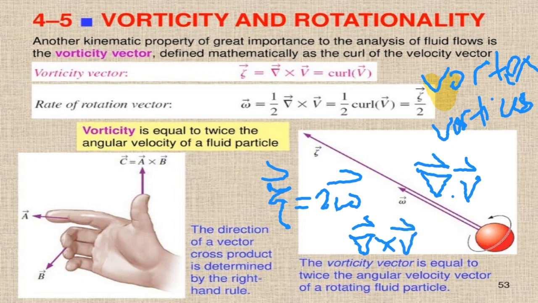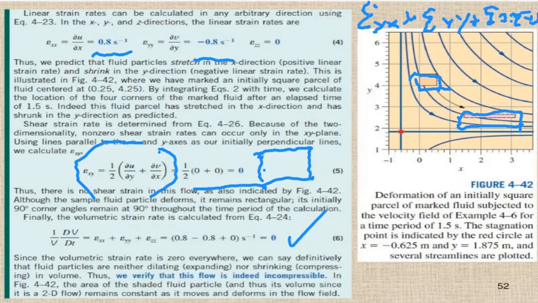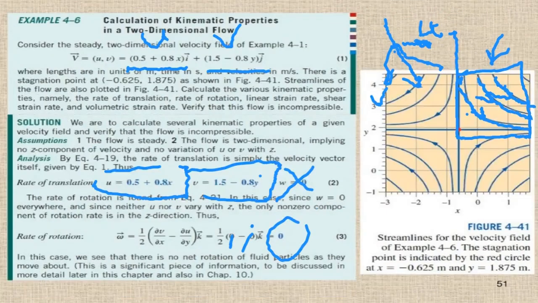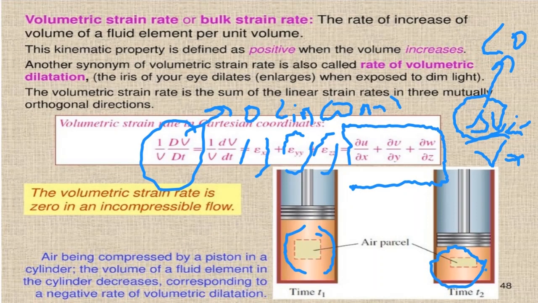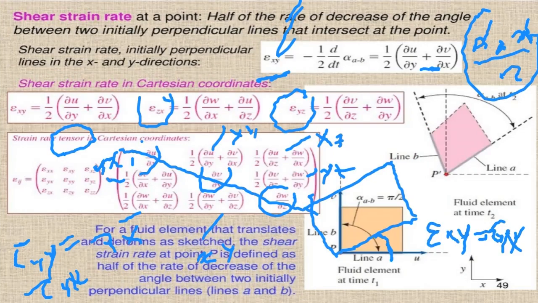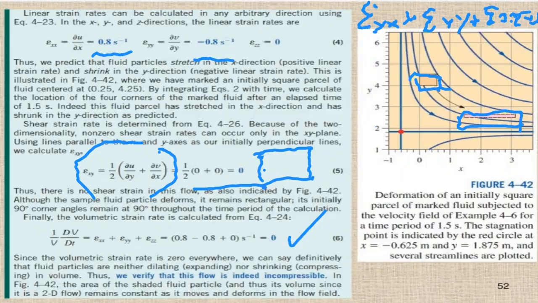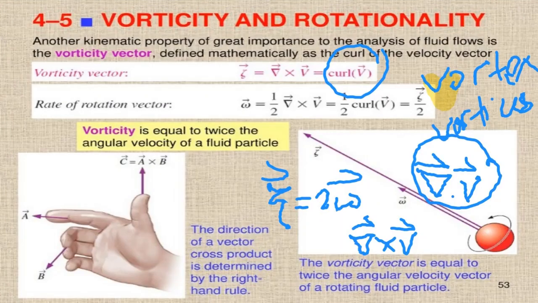This is called curl, and this is called divergence. Divergence of a vector is actually this. So if you take the divergence of the velocity vector, you will get this. On the other hand, if you take the curl of the v vector, you're going to get the vorticity vector.